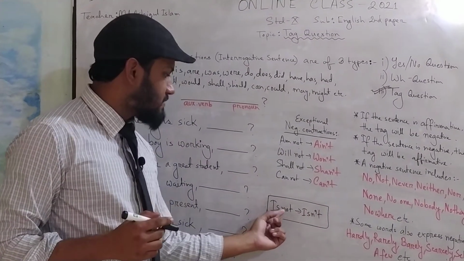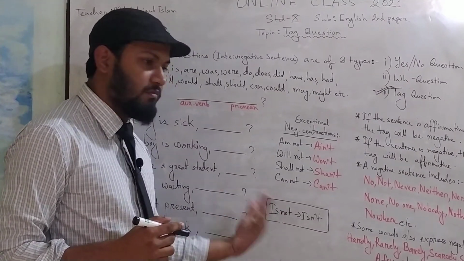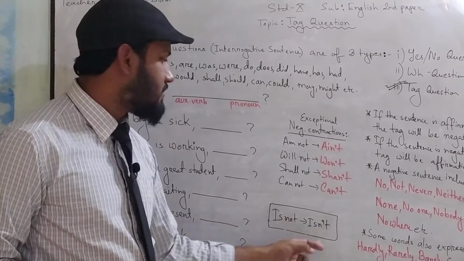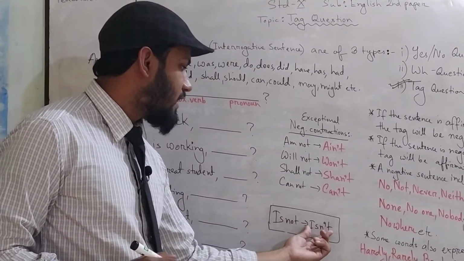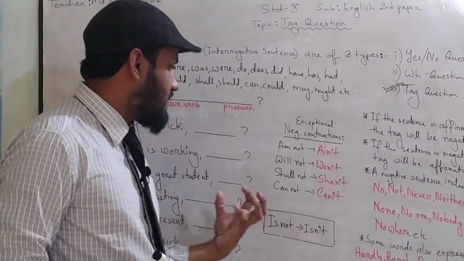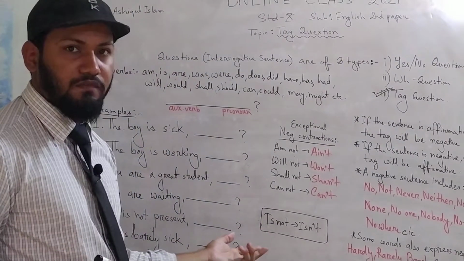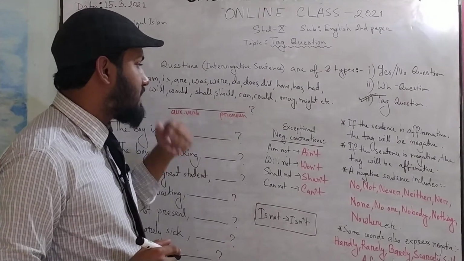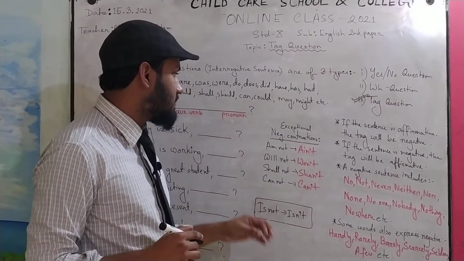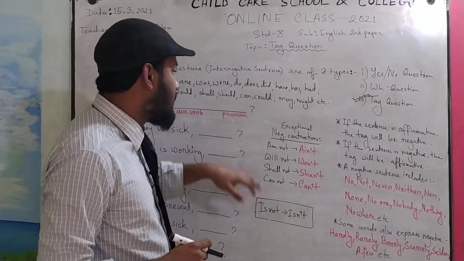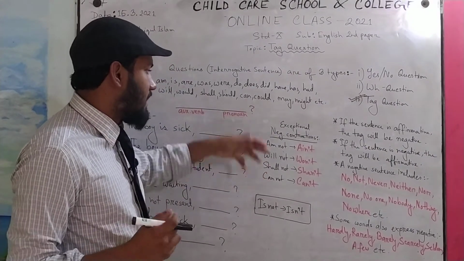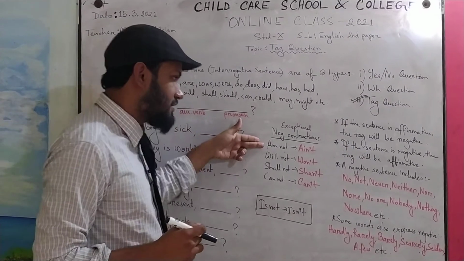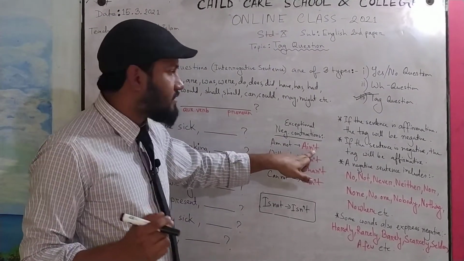There are spaces between the words. We remove the space, conjoin them, remove the O of not, put an apostrophe instead, and that's how we get our contracted negative form of the auxiliary verb. Now there are some exceptional auxiliary verbs that when contracted while being negative take a different kind of form. So here we have exceptional negative contractions. Am not becomes ain't, okay?